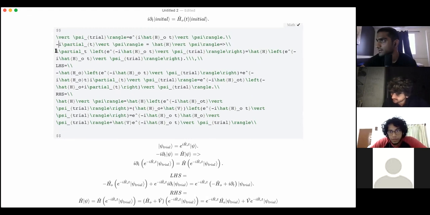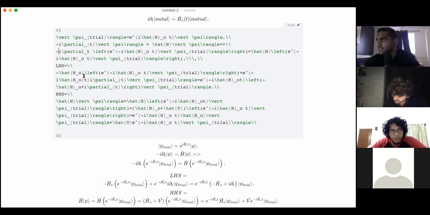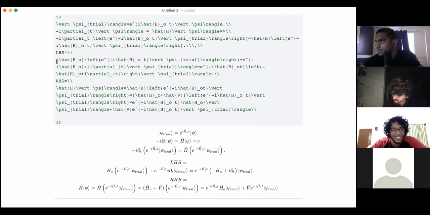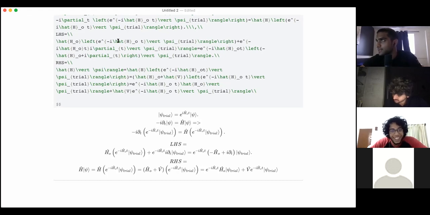There's a minus here, which means there's going to be a minus here, which consequently means there's going to be a plus here and a minus here. Which then implies an overall minus here.